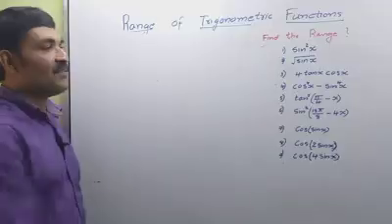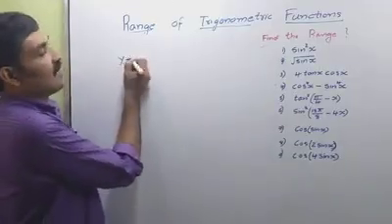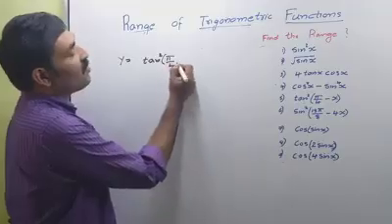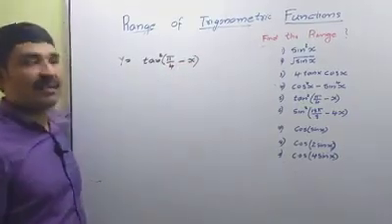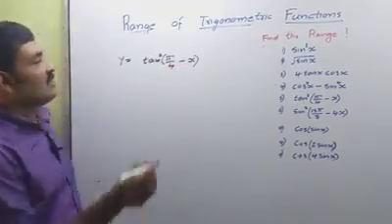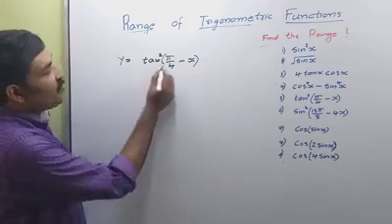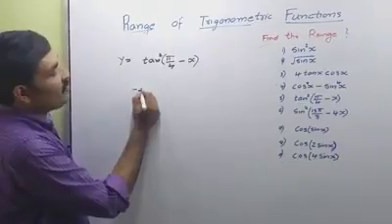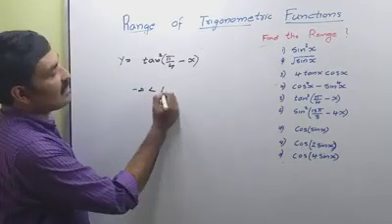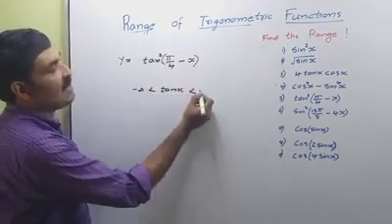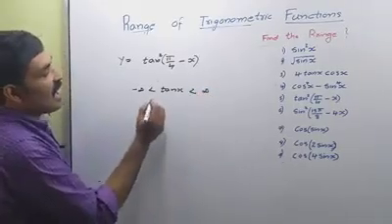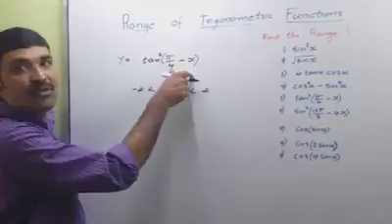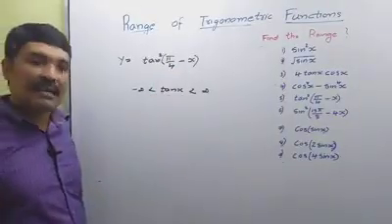Okay, consider the fifth example, that is y is equal to tan square of pi by 4 minus x. We know that minus infinity is less than tan x less than plus infinity, and a change in the argument, that is x replaced by pi by 4 minus x, should not affect the range.